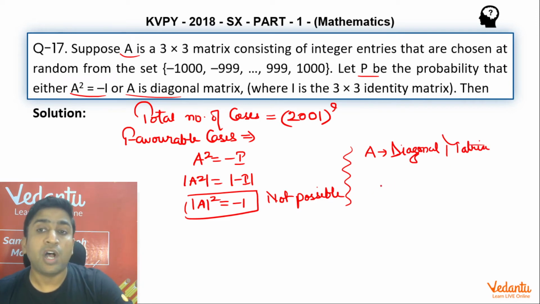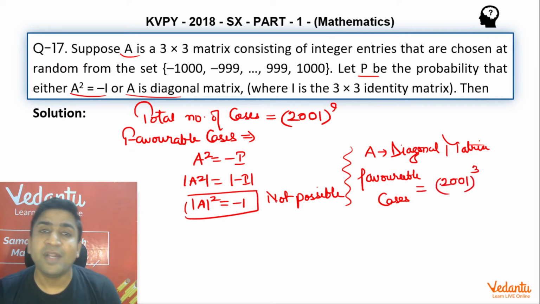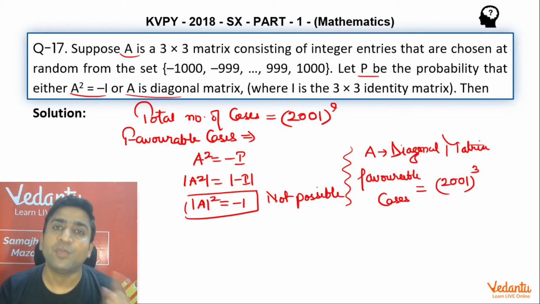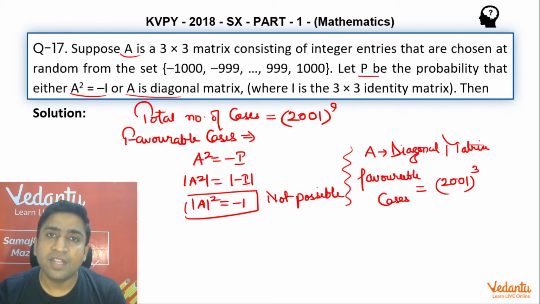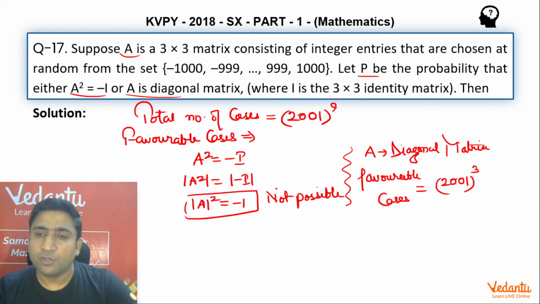If I want to know how many such matrices I can have, the favorable number of cases is going to be 2001 to the power 3, because in a diagonal matrix, all the entries other than the leading diagonal have to be 0. That means for each leading diagonal entry, just for the 3 positions, you will have 2001 options. That means 2001 to the power 3.